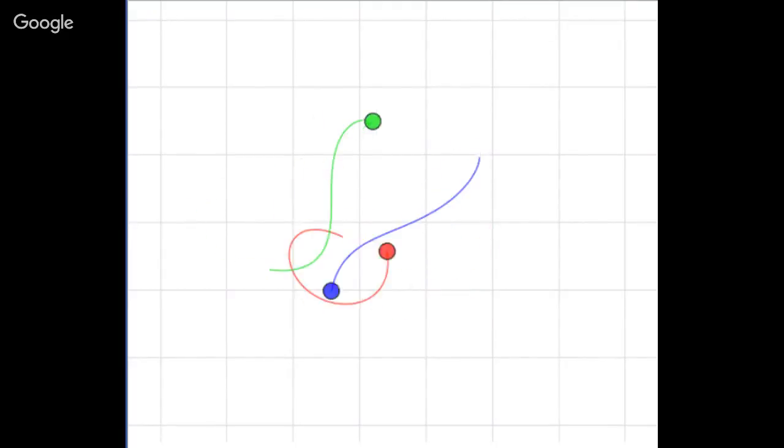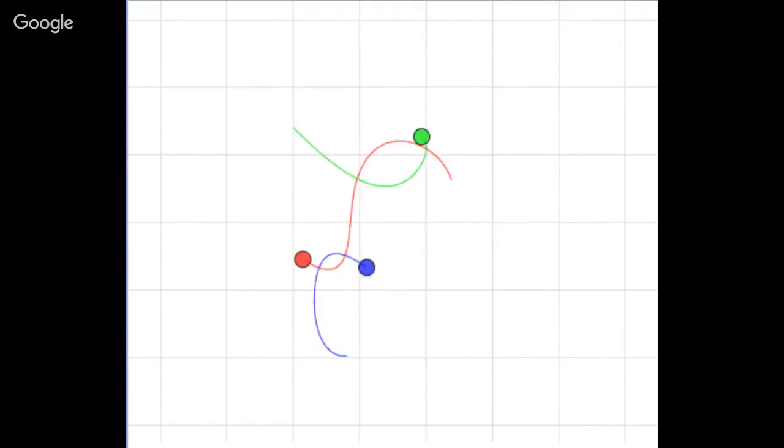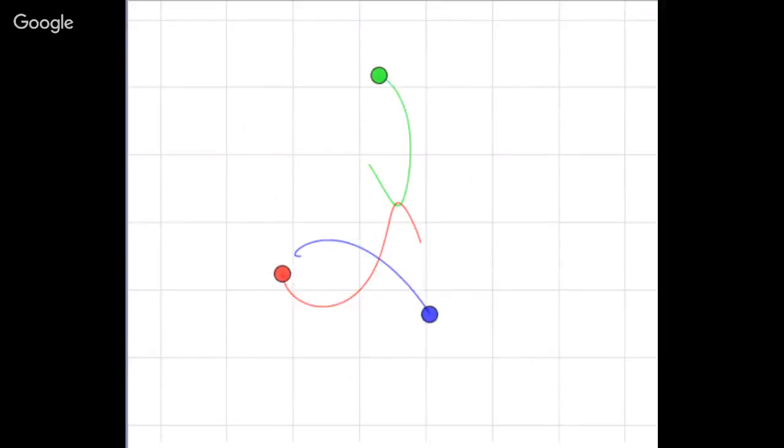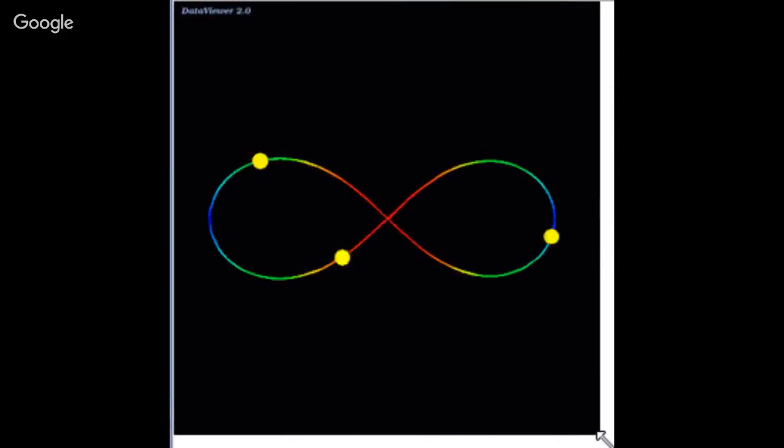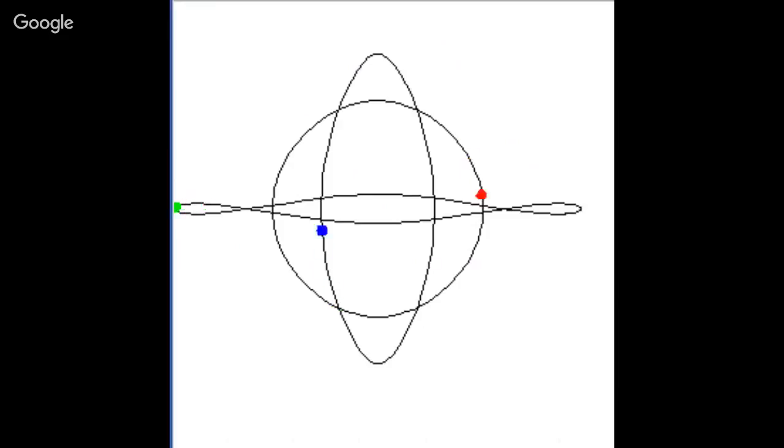Go to that other one. So this does actually seem to be a proposed solution to the three-body problem. That does seem to be a stable orbit. Now go to the other one too. I posted another seeming solution too. Yeah, there you go.